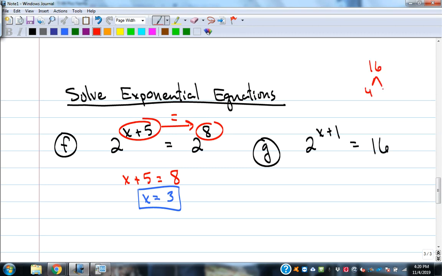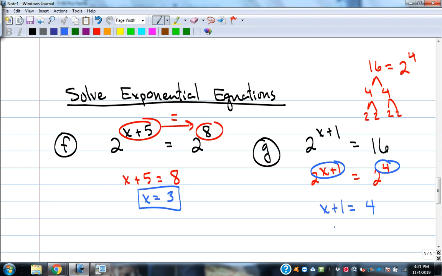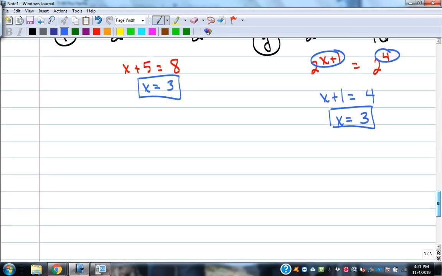It's 4 times 4, 2 times 2, 2 times 2. 16 is actually 2 to what power? 2 to the 4th. So we have 2 to the x plus 1 is equal to 2 to the 4th. And that allows us to say the equation is just going to be x plus 1 is equal to 4, and solve that. X would be equal to 3. All right, so if we can get the bases the same, then the equations are super easy.